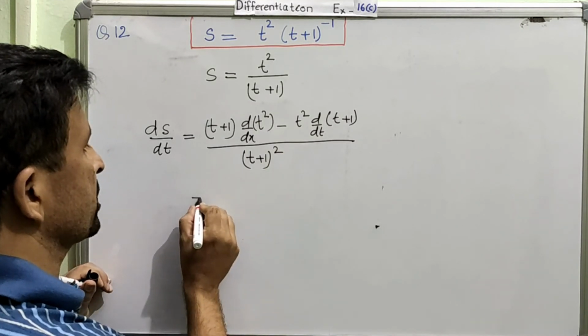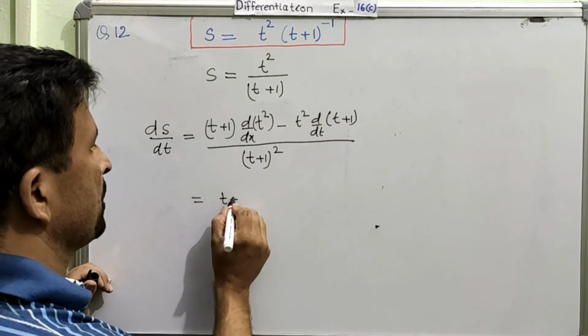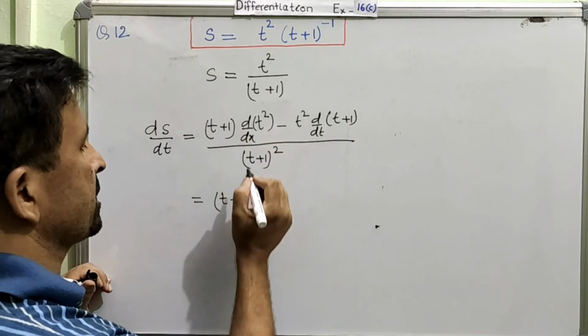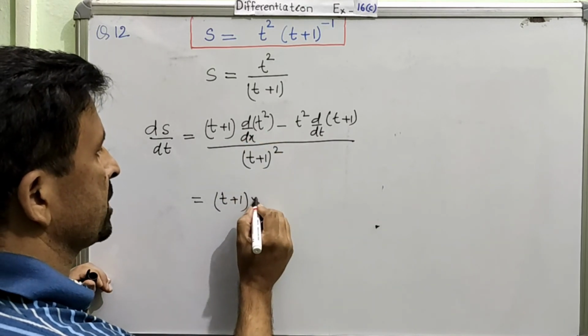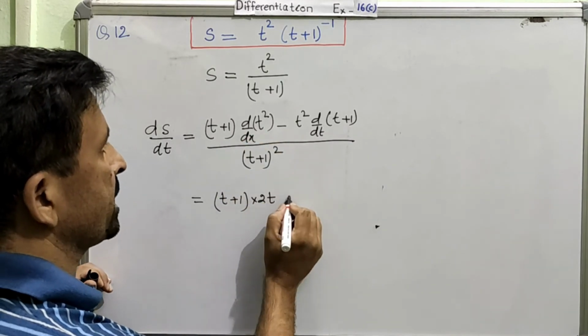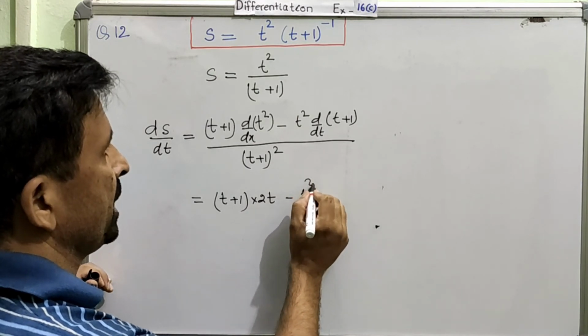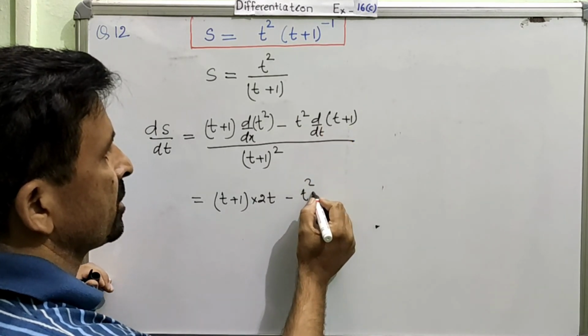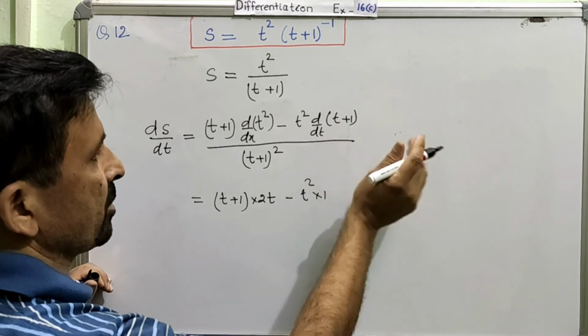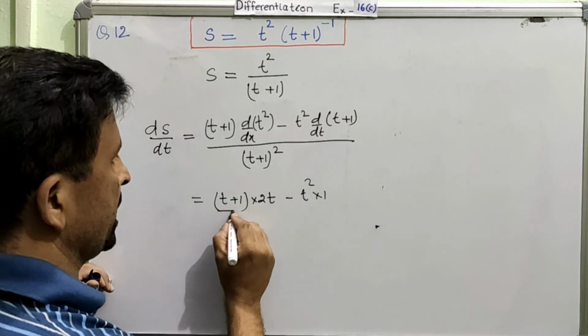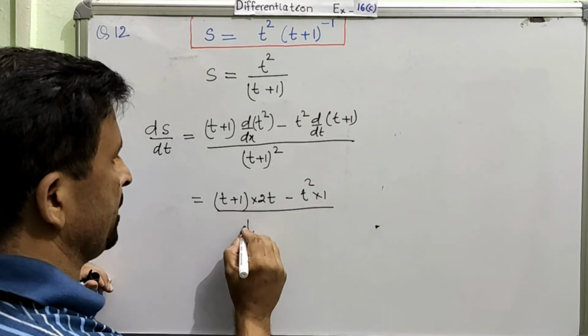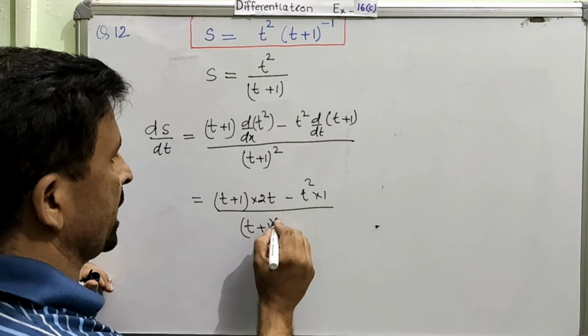Very simple question. This is t plus 1 as it is. And then for this, we will apply the x to the power n formula. So it becomes 2t, right? This is t square, and this derivative will be just 1. So into 1. This derivative will be 0, so no need of writing. Denominator as it is. This is t plus 1 whole square.